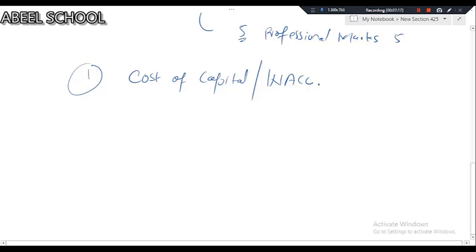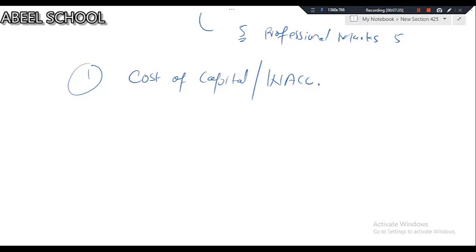But in AFM, it is also very much possible that the business is already diversified. Then how do we calculate WACC of a diversified business? But nothing to worry. We will obviously start from zero.